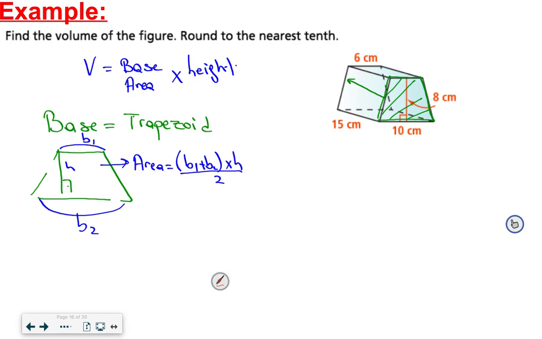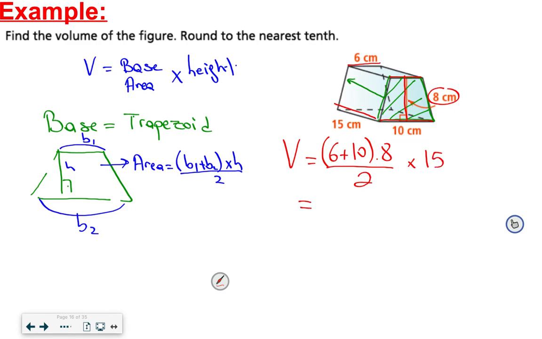Alright, let's use it. Volume of this figure, this is a trapezoid prism. The volume is base area, which means that if this is 6, this is going to be 6 centimeters as well. So one base of the trapezoid is 6 plus the other base of the trapezoid is 10, times the height, which is 8 centimeters, over 2, times 15.